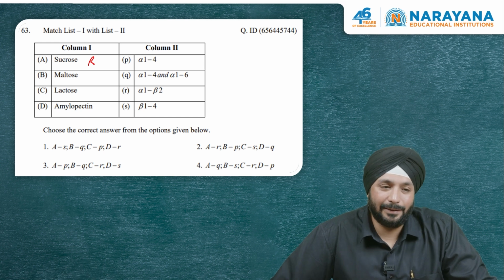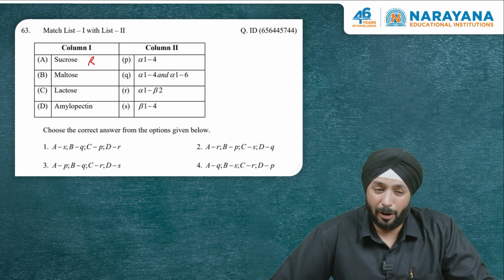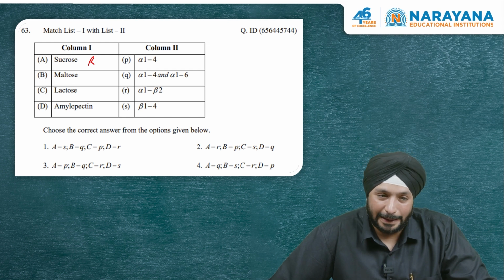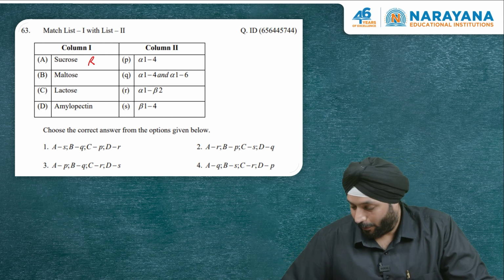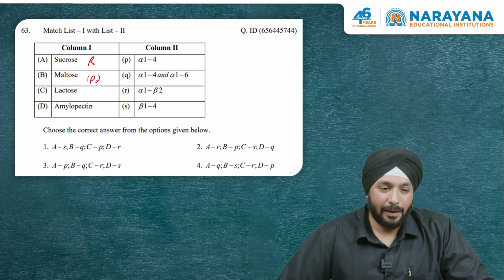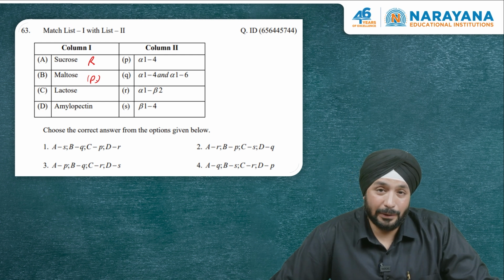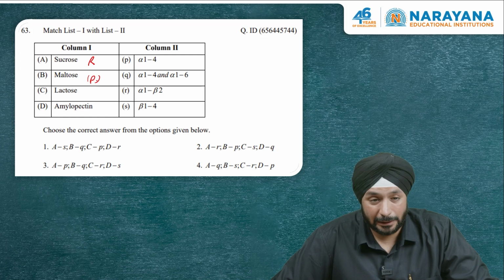Maltose is a disaccharide of glucose where glucose units are joined together by alpha 1,4 linkages only. So obviously P is a reducing sugar. Lactose is made from galactose and glucose, where beta galactose forms a linkage from the 1 to 4 position.